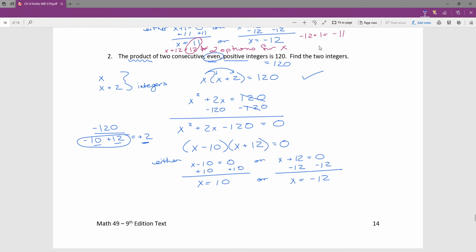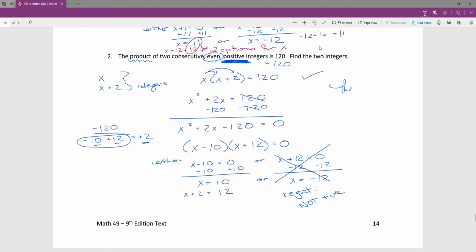And so like the last one, I have these two options, but you do need to make sure that you're reading the questions carefully because it does say up here positive. And so because I have positive in the question, that means I'm going to reject this option. We're going to reject it because it's not positive. And so now I could take the x plus 2 being 12 to get my final answer.